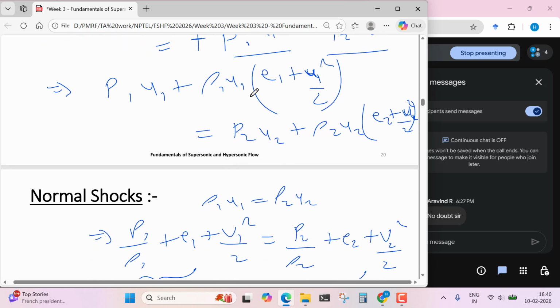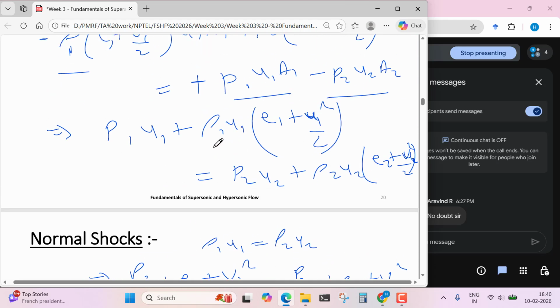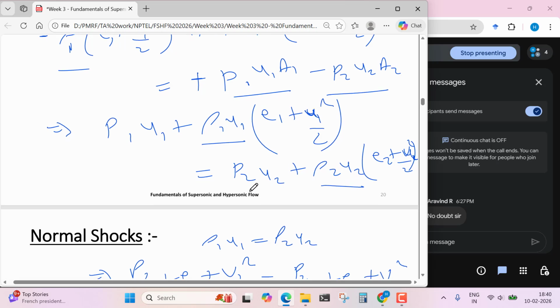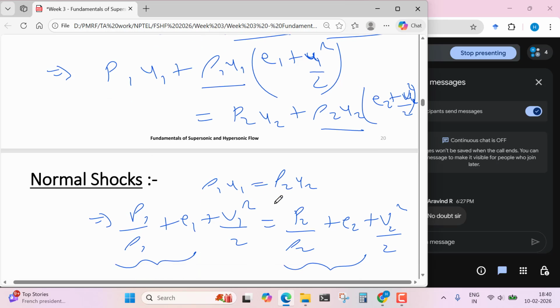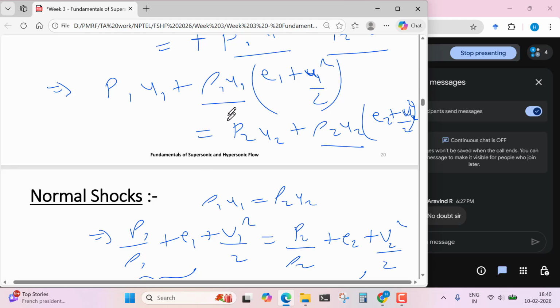So here you can see that rho 1 U1 is there and rho 2 U2 is there, and rho 1 U1 equal to rho 2 U2. So we can divide this whole equation by rho 1 U1 for this side and rho 2 U2 on this side.